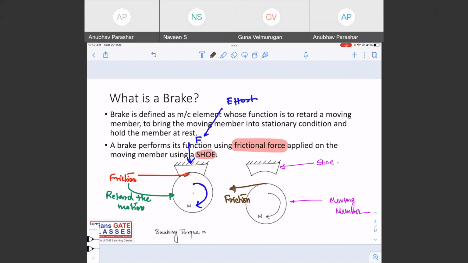The moving member will apply an equal and opposite friction force on the shoe. I've shown this separated, but this is happening while in engaged position.